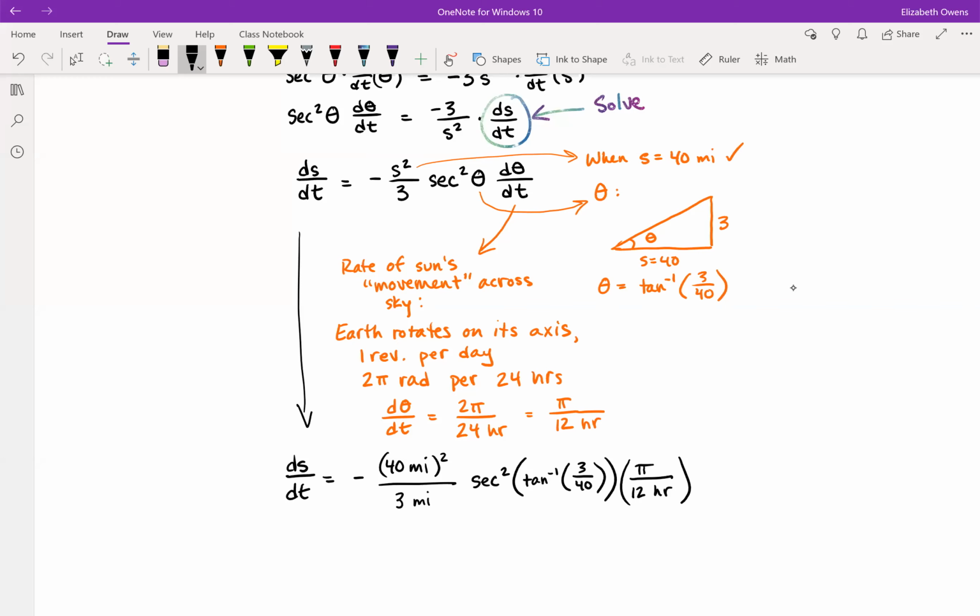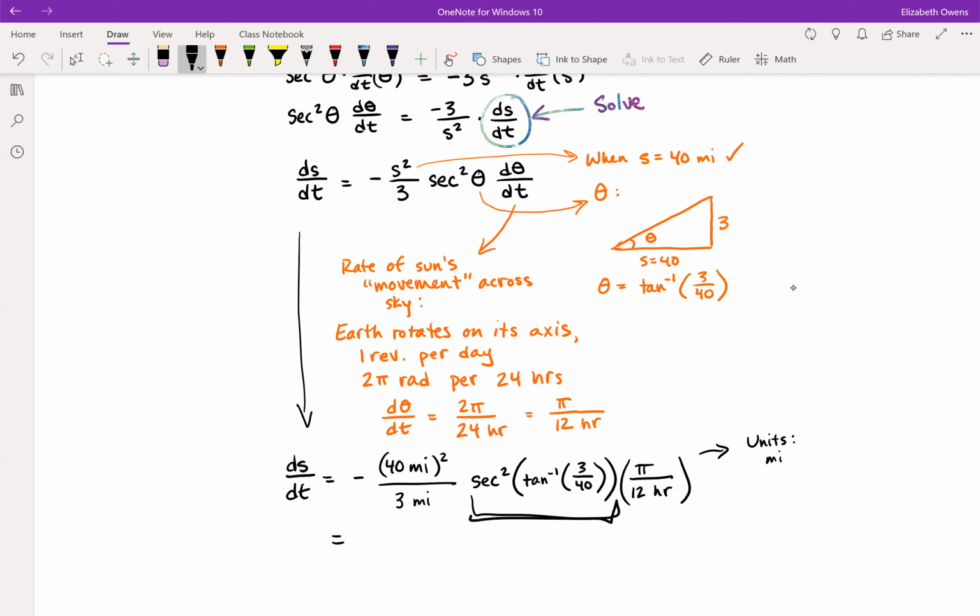Okay, so we've plugged everything in. And to investigate our units first, we have miles squared over miles. So that would leave us with just miles in the numerator.